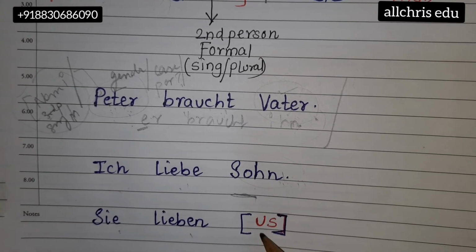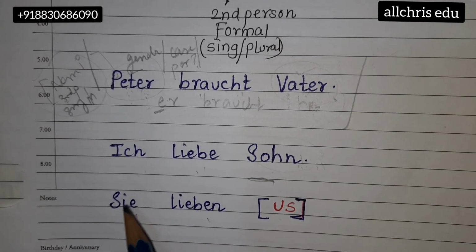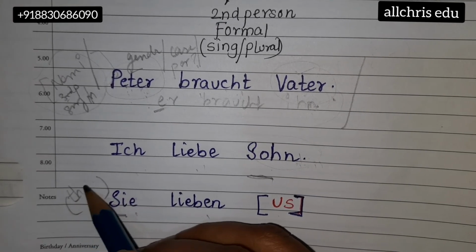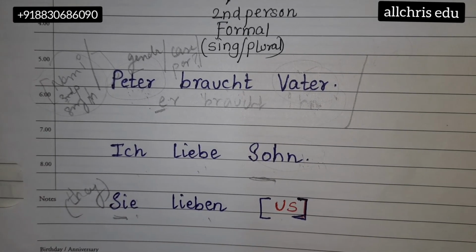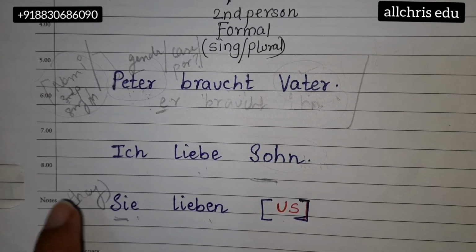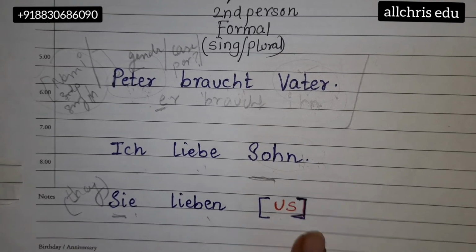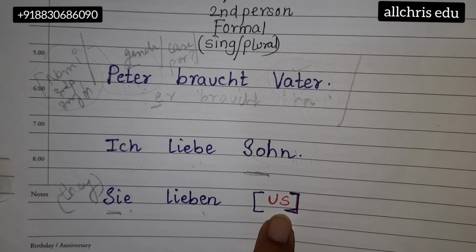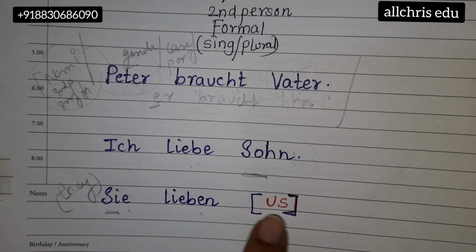Sie lieben uns. I have now here big S. Here I want you to take this Sie as they. Okay? They. So maybe we are talking about Maria and Catherine. So Maria und Catherine lieben uns. So they are loving us. So intentionally I have written this in red color because this is an English word.